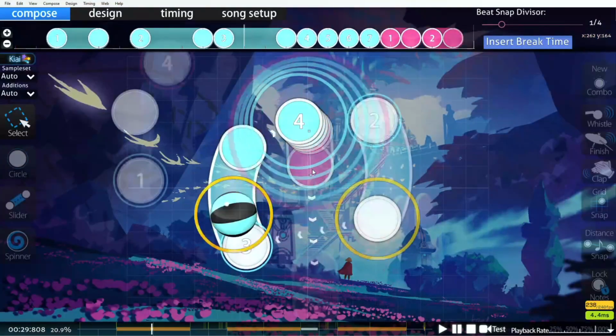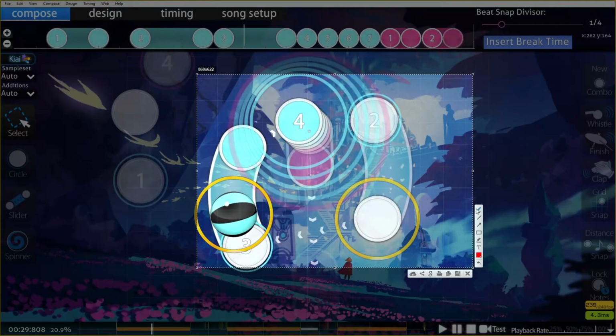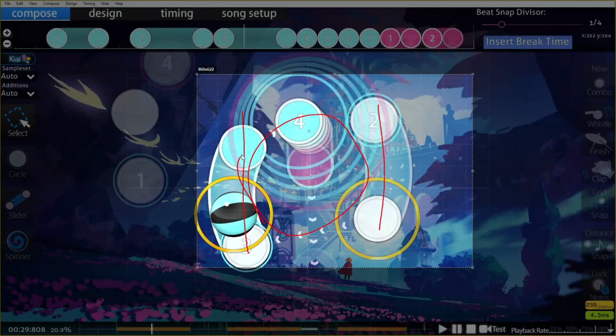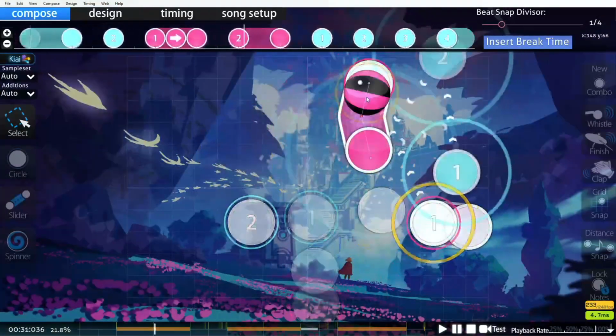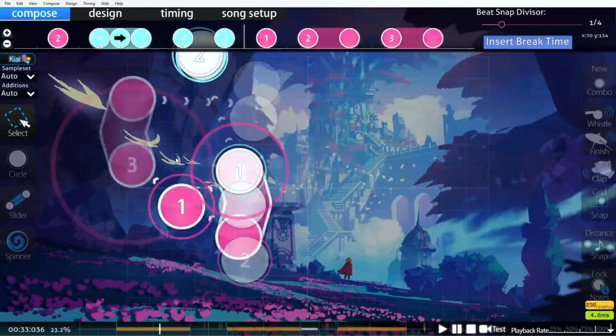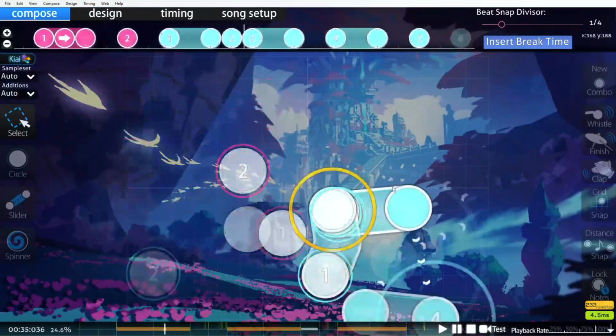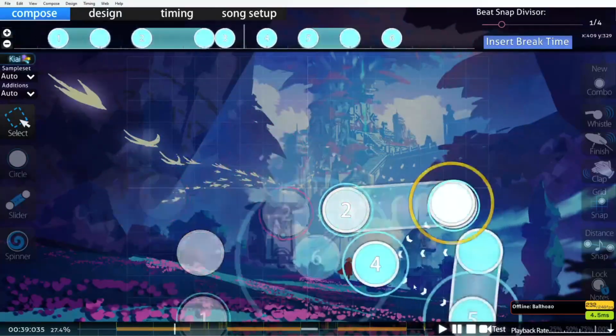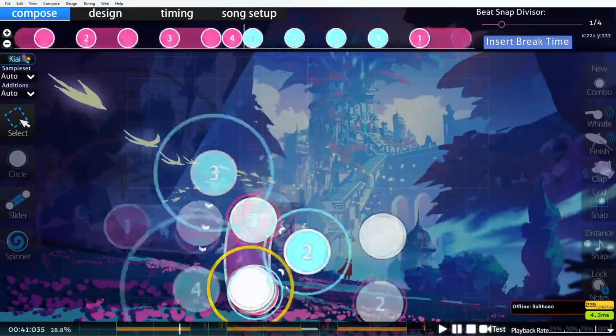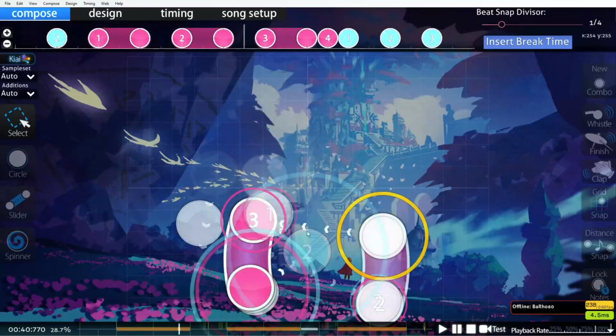Same here, right? He does the same pattern again, but no circles this time. Creates the focal point. There's a space in between. He fills this space with sliders, and there's another slider going this way, I think. Same here.